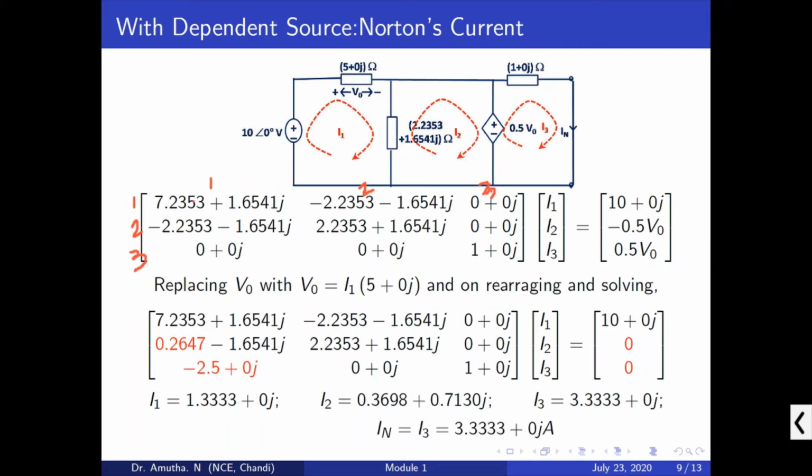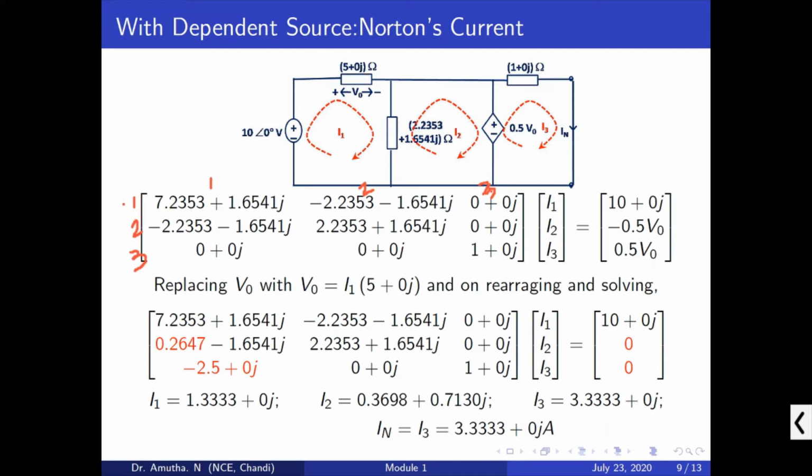When you are considering the first loop, what are the impedances it is coming across? Again the same thing. These impedances are in relation with I1, so they can be added up and represented in the diagonal elements.